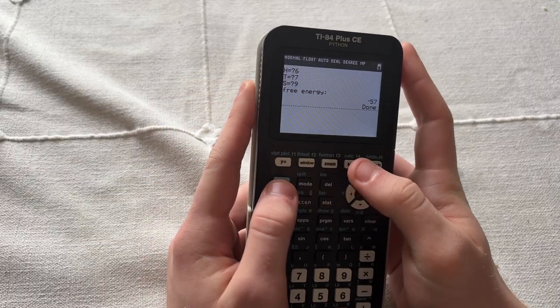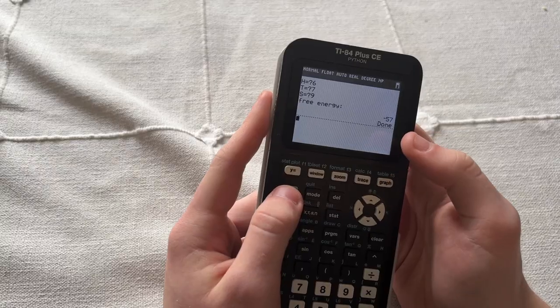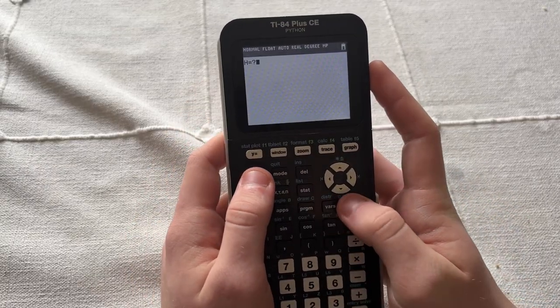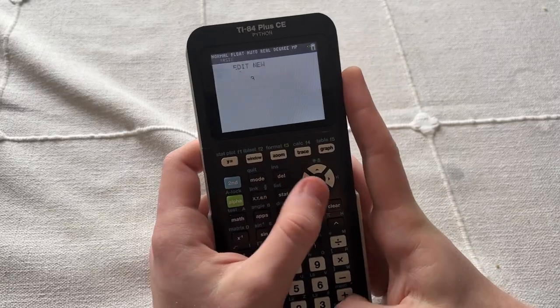So it's pretty helpful just for those that don't want to work out the solution by themselves. You can just plug in the numbers and go with it, so it's really helpful. We'll quit out of this one and go into our next program.